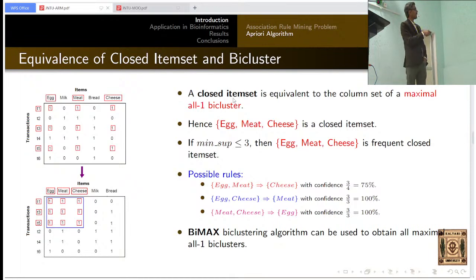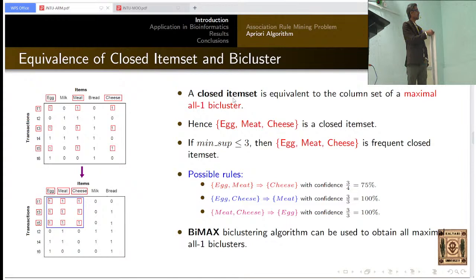So as this is maximal, if you join any other column with this, you will not find one in all the rows. Right? So if you take any other column with it, its support value will be less. What is the support value of this item set?